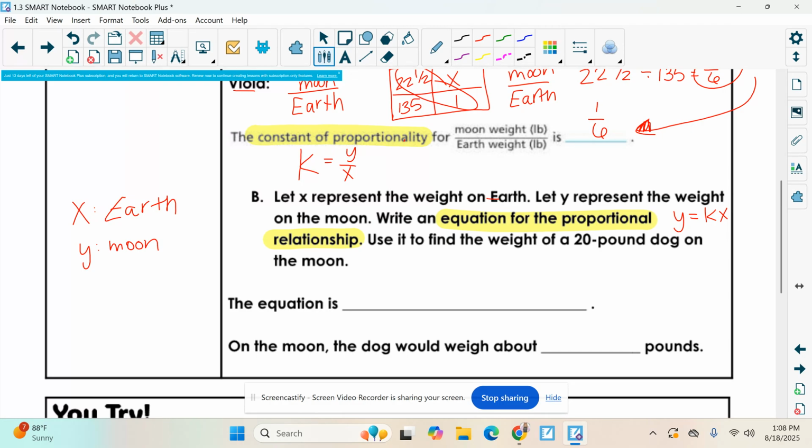What does it say loud and proud? 1/6. So because we've already found K, because K was our constant of proportionality and it was 1/6, we can replace or substitute K with 1/6. So all of our equation is just Y equals 1/6 X. It's not rocket science. It's just plug the number in, right? That's the equation. That's all they're asking for.